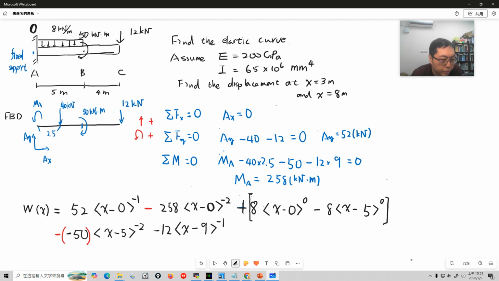But as we mentioned before, if the load or moment is at the very end of the member, we can ignore it.